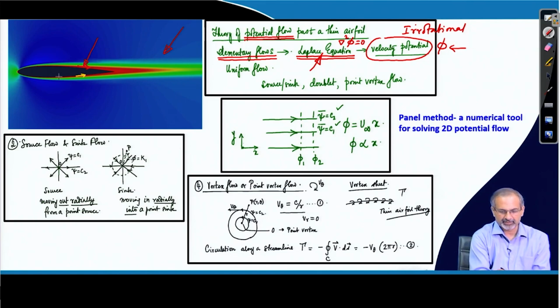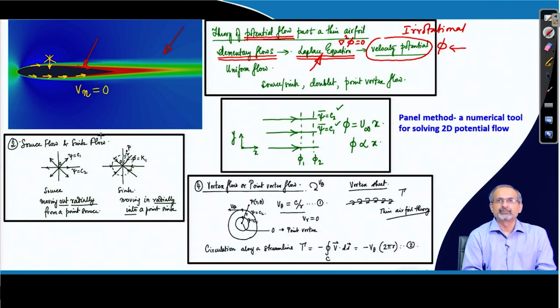It can slip like this because you are discussing inviscid flow, but it can never penetrate the surface. So, this is not at all allowed. Normal component of velocity has to be 0. This is precisely the boundary condition that you have to apply for any kind of inviscid flow that you are modeling. That is true for potential flow modeling as well as inviscid flow modeling using the Euler equation, for example.